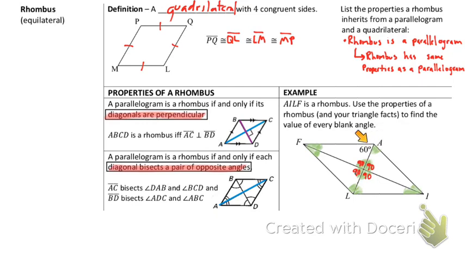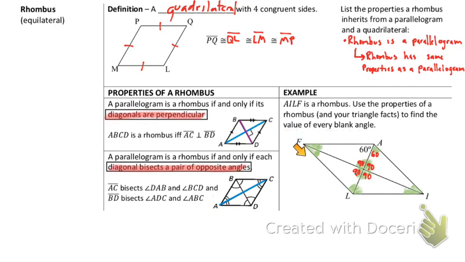The next thing I notice is I look at this diagonal, and I know this diagonal will cut angle A, so this big angle here, into two equal angles. So angle 60 and angle A here, this green angle, they have to be the same because this diagonal is bisecting. We're cutting into equal parts. So I now know this angle here has to be 60 degrees. Now using a property of not a rhombus, but a parallelogram.